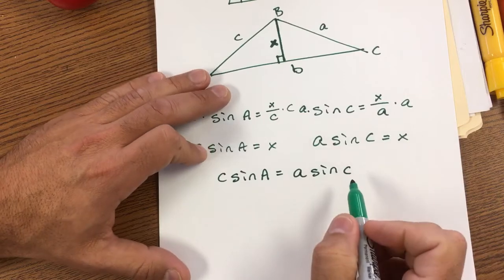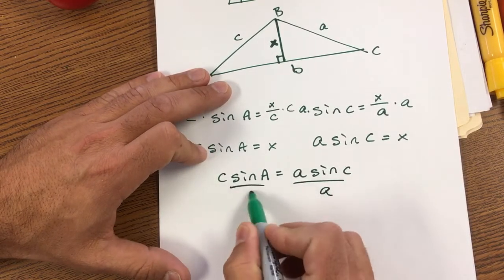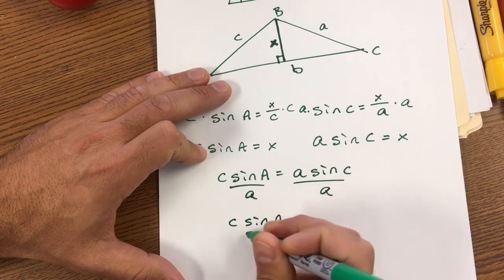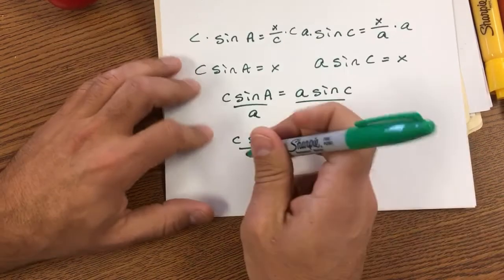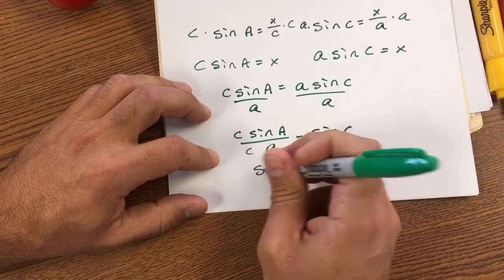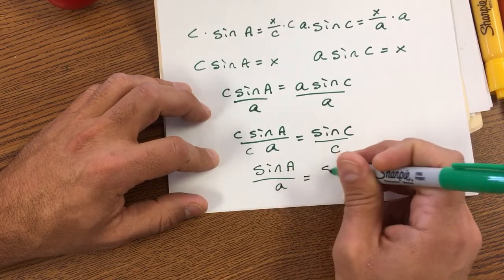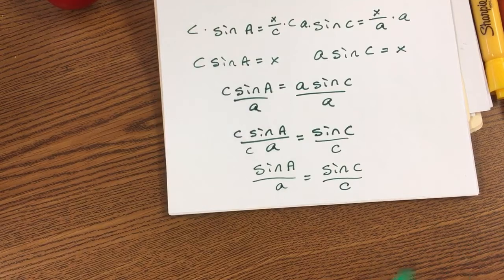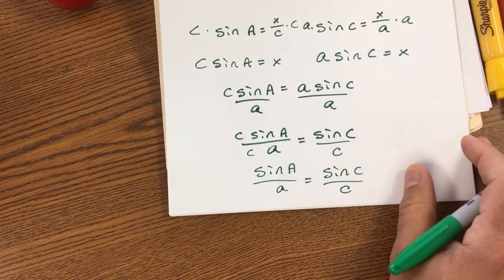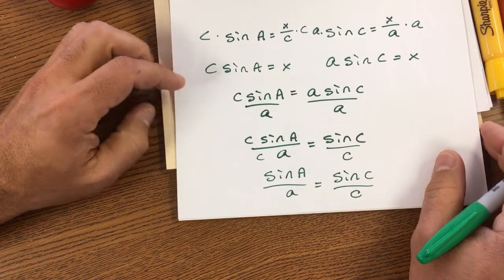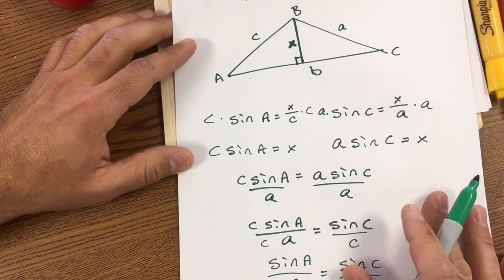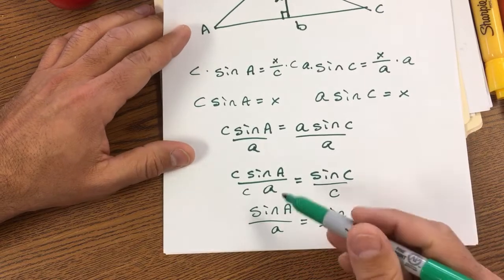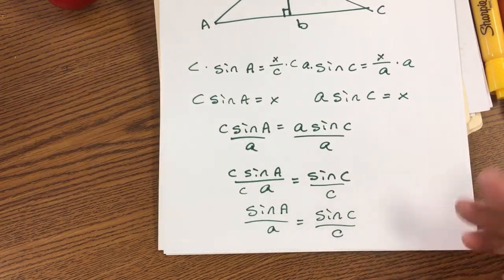Which means if I divide both sides by A, I have C sine of A over A equals sine of C. And then I'm going to divide by C, which gives me sine of A over A equals sine of C over C. So we're going to have a rule that says the sine of an angle over its opposite side is equal to the sine of another angle over its opposite side.